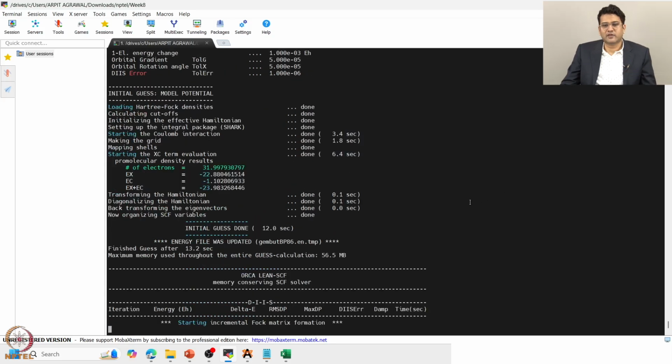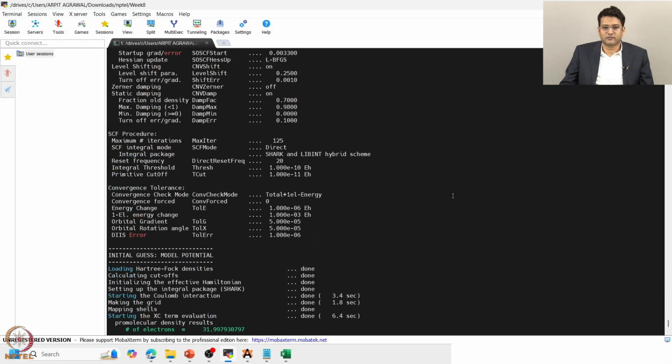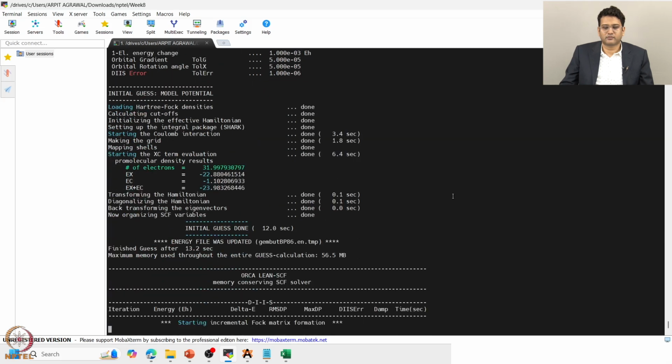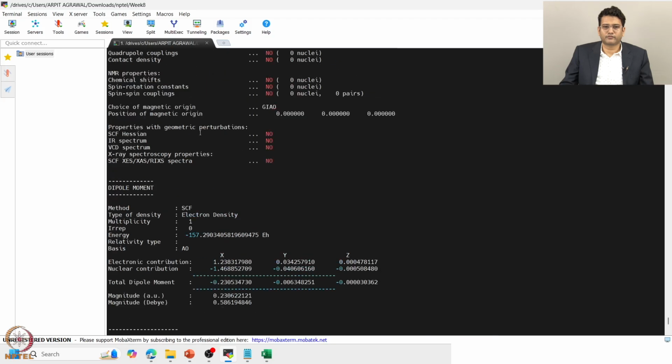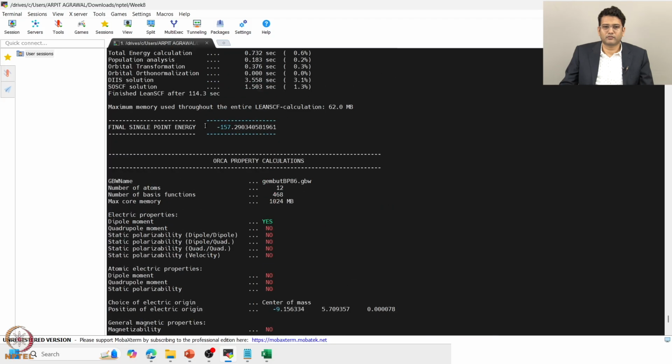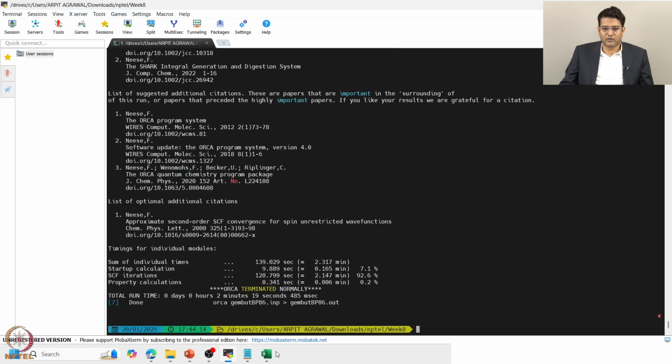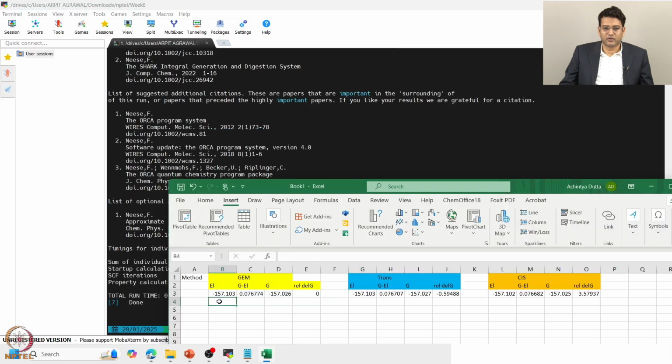Remember, quadruple zeta calculation sometimes can be very costly. This is the final single point energy. So this was BP86 def2-SVP.